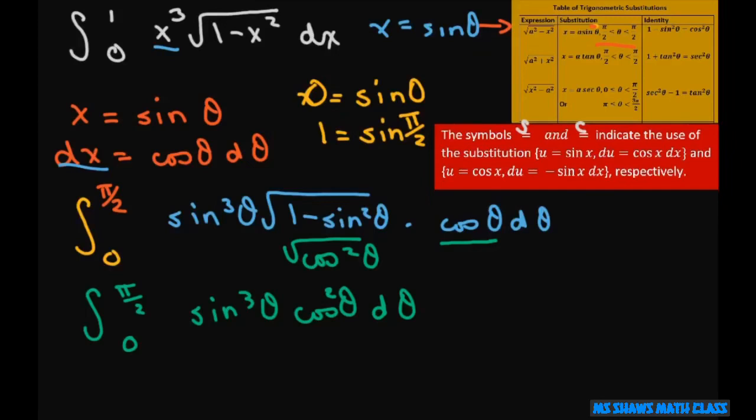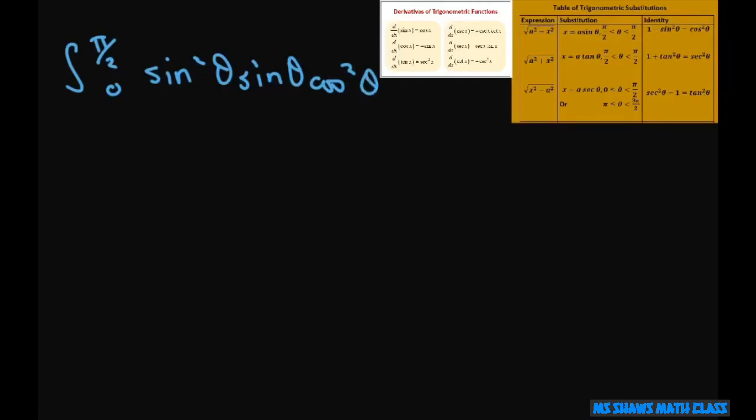Okay, so simplifying from there, we can write this as the integral from 0 to pi over 2. I'm going to write this as sine squared theta times sine theta cosine squared of theta d theta.